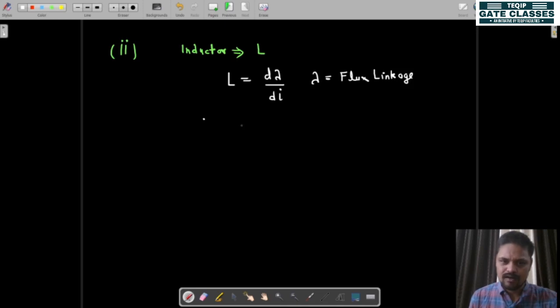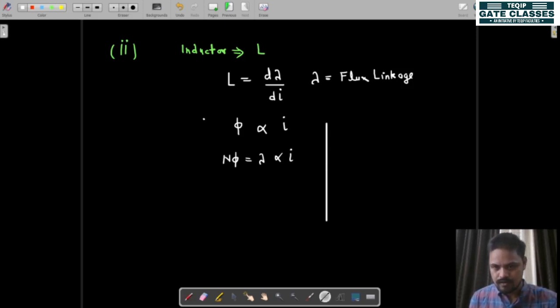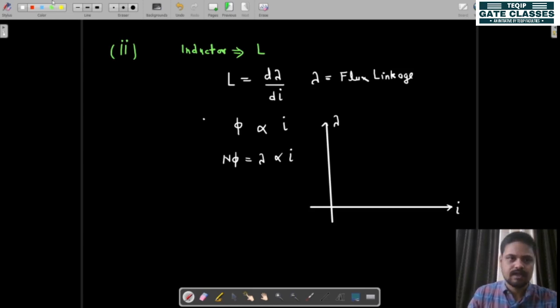So, from that you can see that this phi is proportional to I. So, if phi is proportional to I, then flux linkage, which is n phi, which is nothing but lambda, is also proportional to I. So, if you plot the curve between lambda versus I, lambda versus I, you will find it in this way.